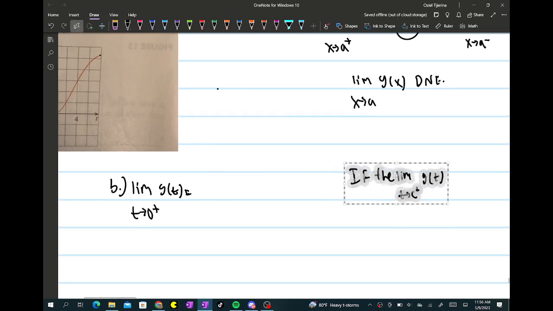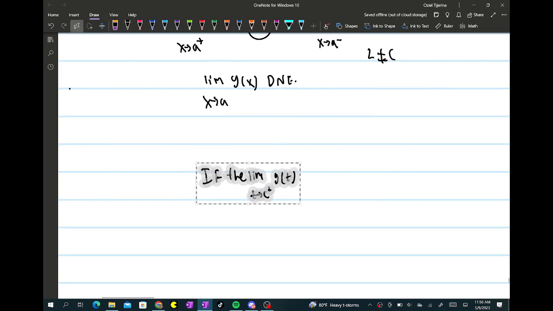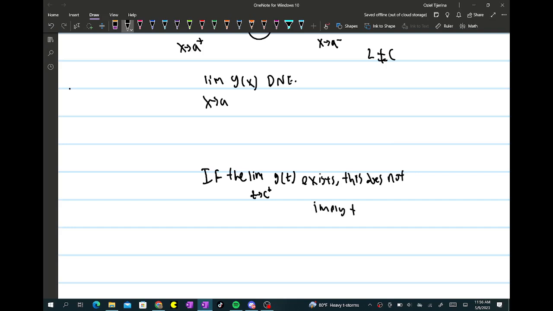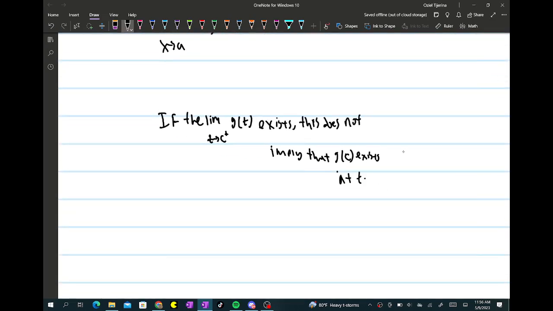If the limit as t approaches some number c from the right of g of t exists, this does not imply that g of c exists, at t equals c.